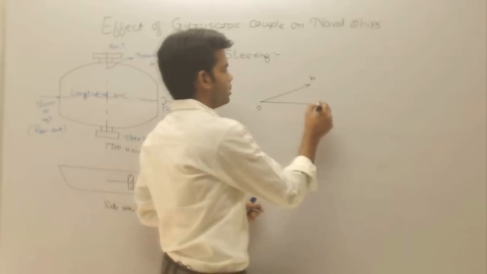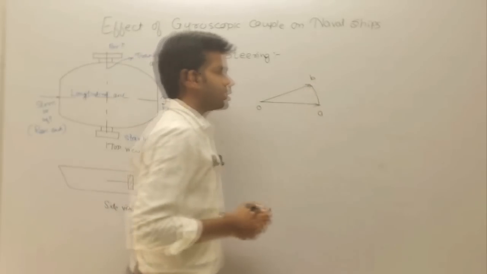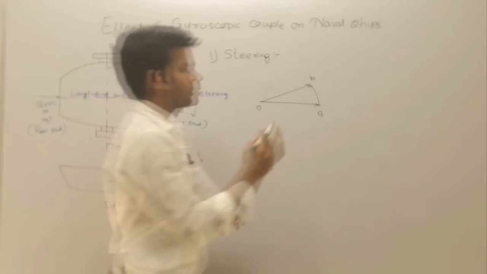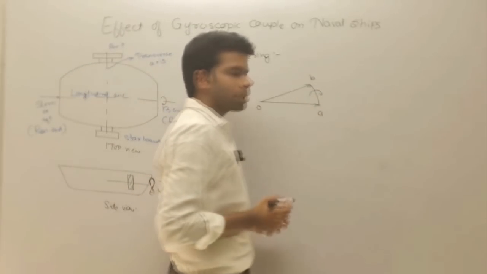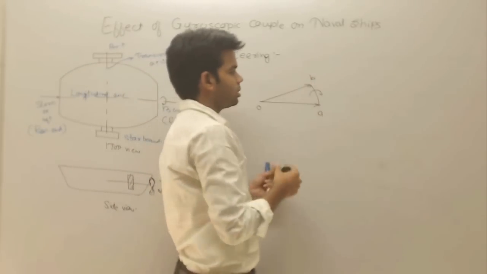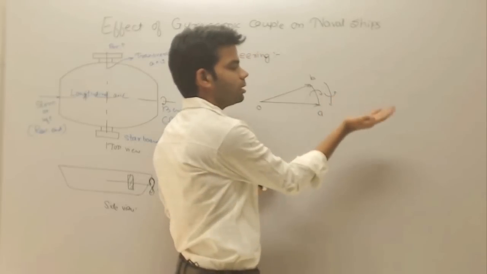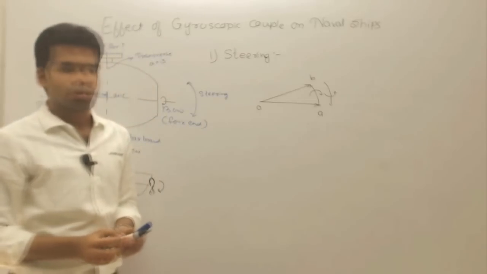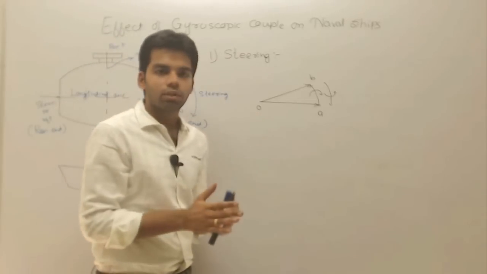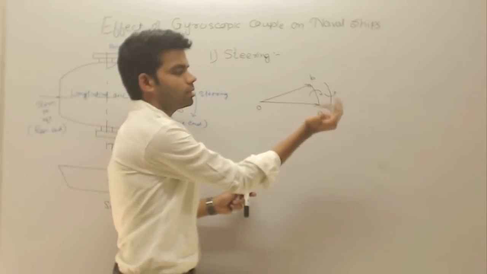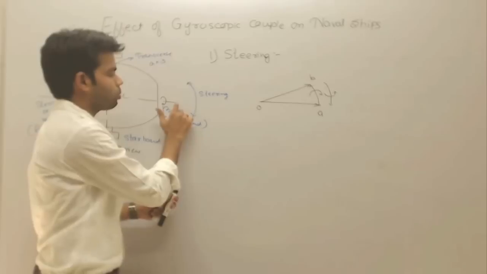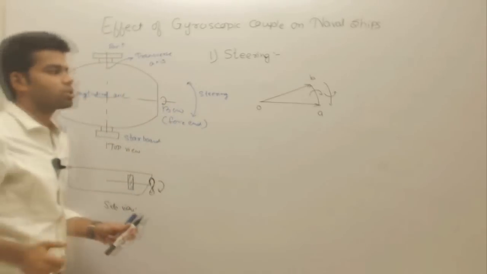This will be the angular acceleration vector AB. This is the active gyroscopic couple in this direction. This will be the reactive gyroscopic couple in the opposite direction. So what is the effect of this reactive gyroscopic couple? This will raise this bow and lower this stern.